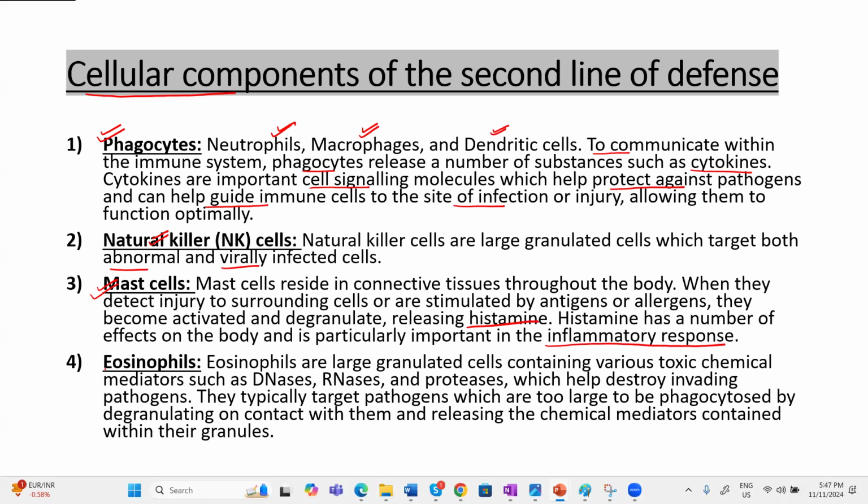Next important cellular component is the eosinophil, which releases DNAses, RNAses and proteases to destroy these components of the pathogen. So basically the cell components which play a very important role in the second line of defense are phagocytes, natural killer cells, mast cells, and eosinophils. Understood? These are cell components.